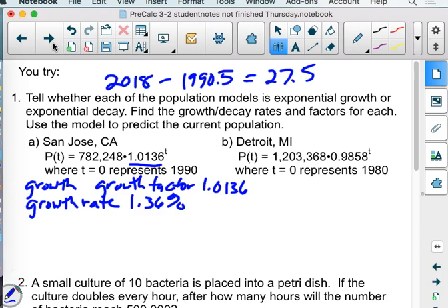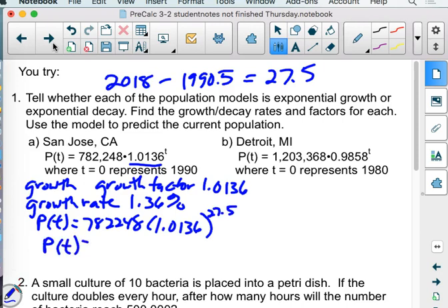So this is just an evaluate thing because we're trying to find t, and then we'll just plop it in the calculator. So p of t equals 782248 times 1.0136 to the 27.5 power. And go ahead and punch that in. And remember, we're talking people.